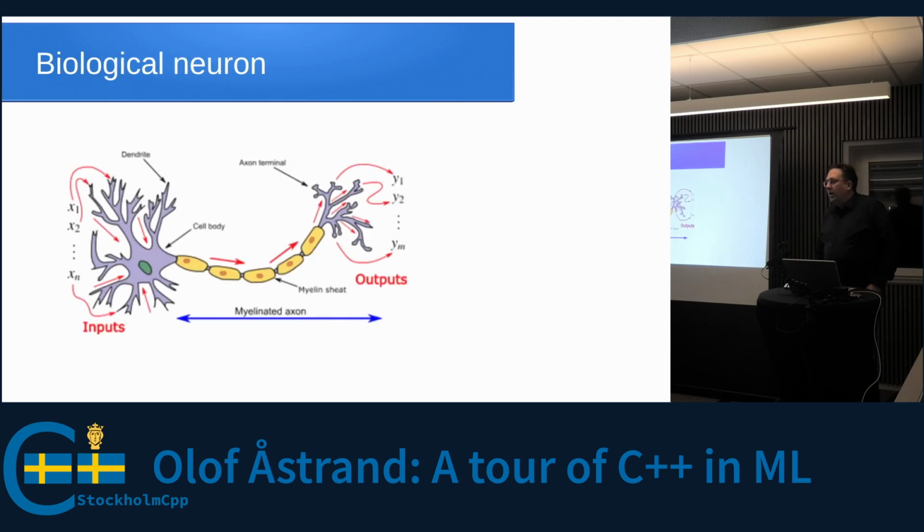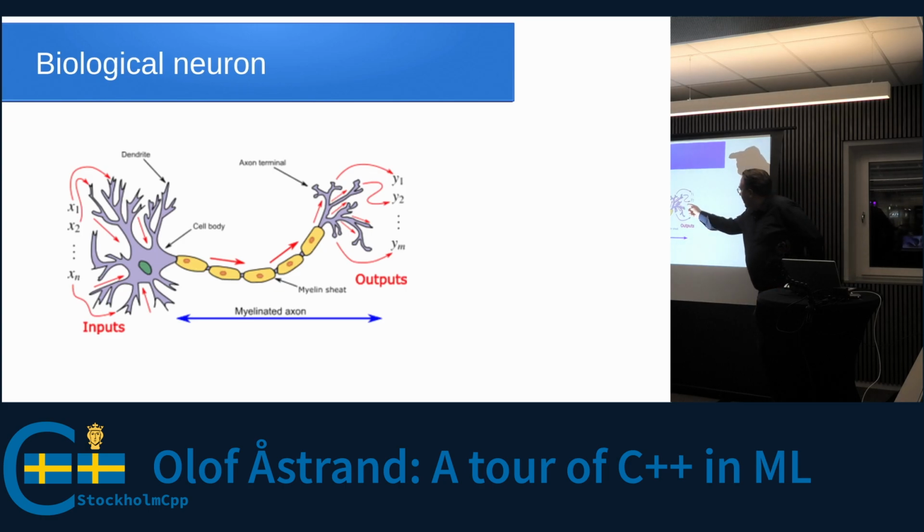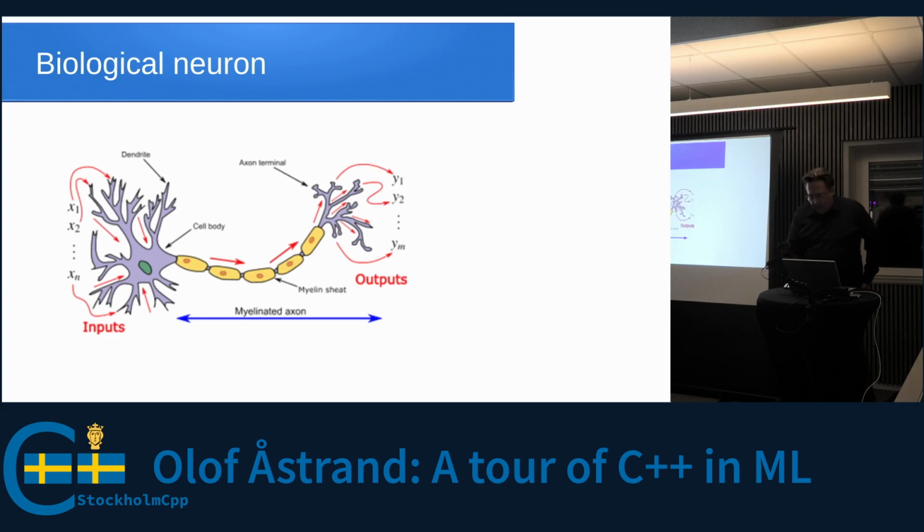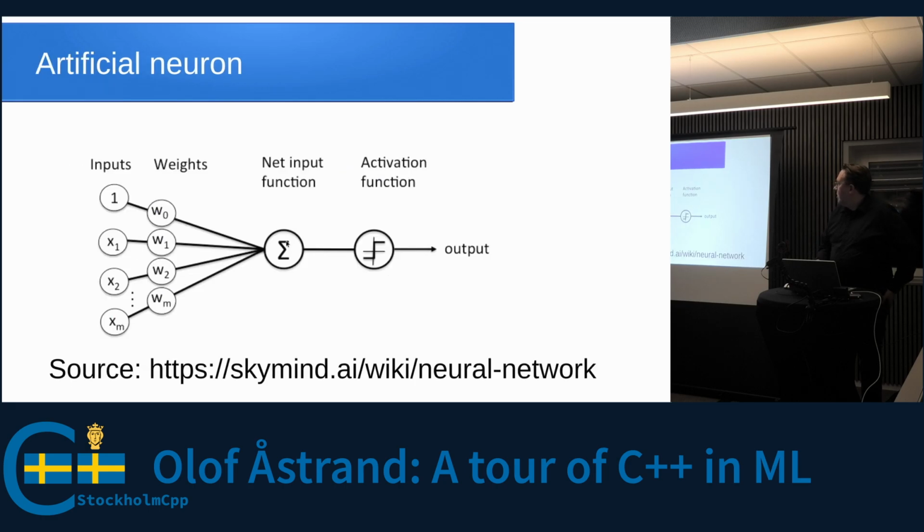They are modeled from biological neurons. So the idea was to look at how a biological neuron works, and you create an artificial neuron that is similar but not the same at all. But a lot of features you can find here.